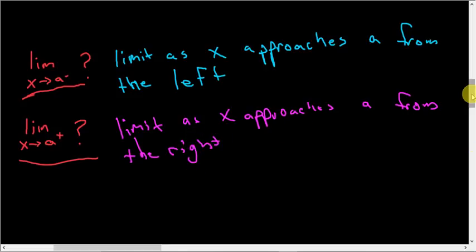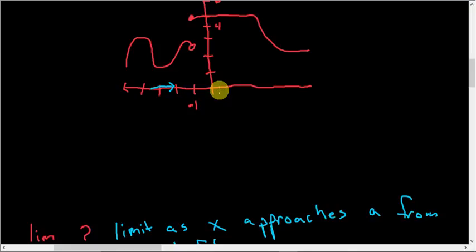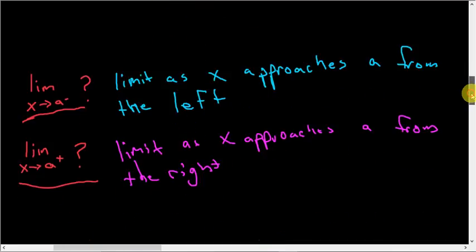So let's go back up here. I don't want to draw it on this side of the y-axis, so I'm going to draw it like that, coming from this side.